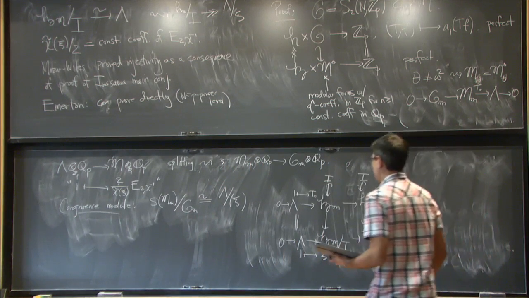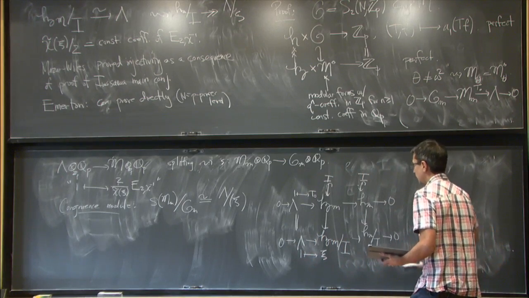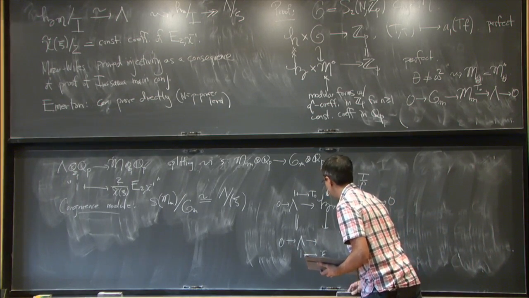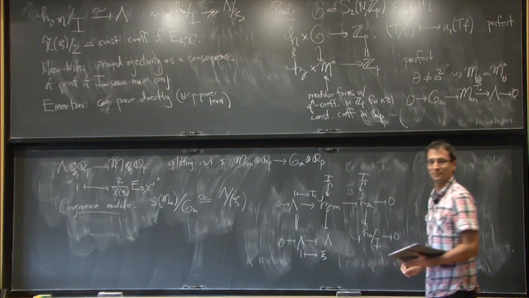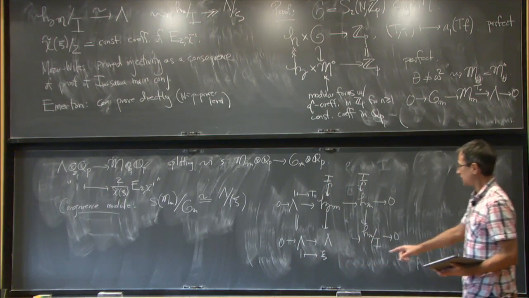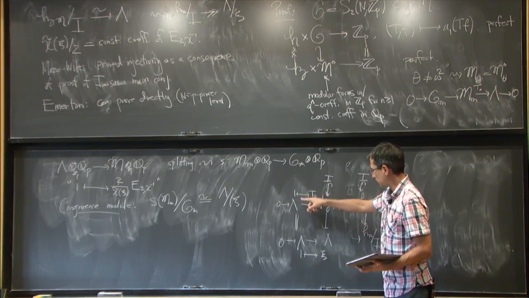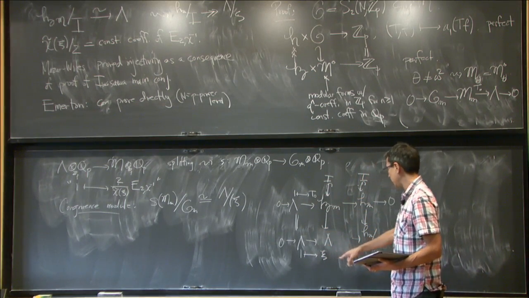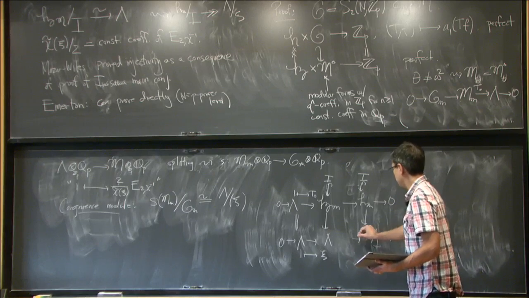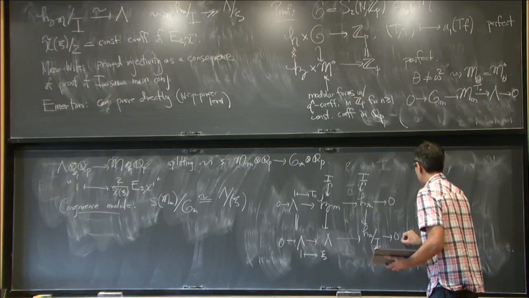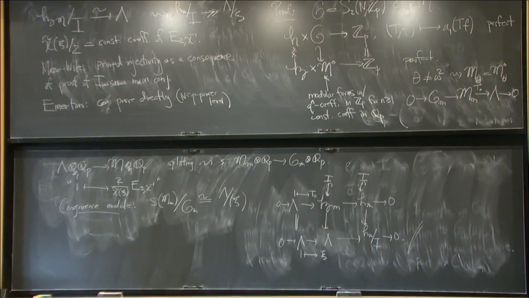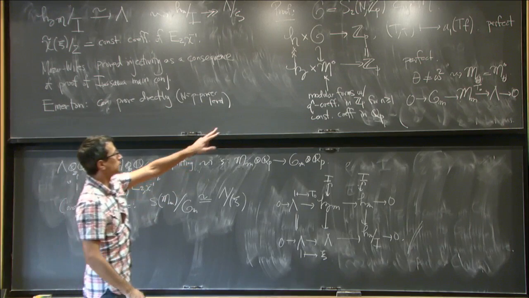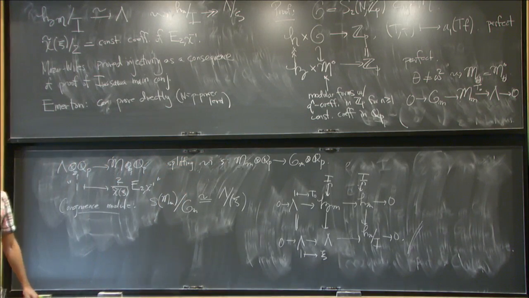It would have been more helpful for me to write that this is lambda. So 1 goes to C here, because that's the constant coefficient of the Eisenstein series, if you like. And so this is lambda mod C. So this gives us the result. The whole trick is basically that all the modular forms are integral.